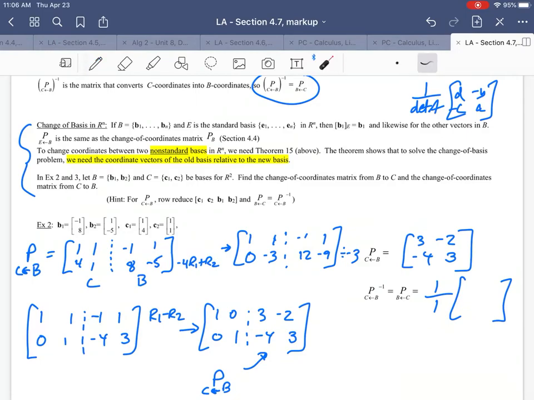If I switch these 3's right here, you're not going to notice. So 3 and 3, and then these two I have to make negative, so those become 2 and 4. Multiplying these all by 1 gives me 3, 2, 4, 3. So this is the matrix I would use to change something in C world back to B world.